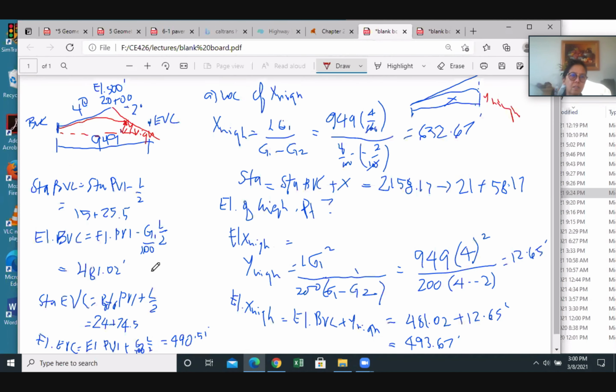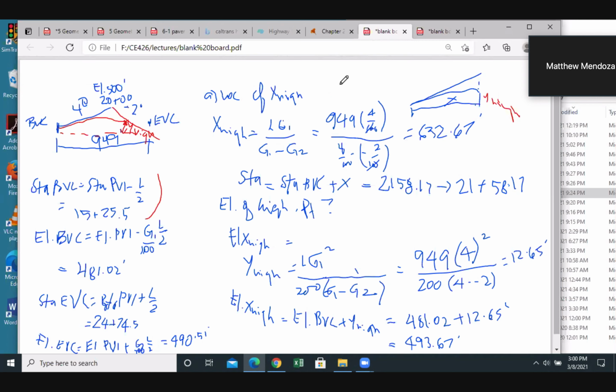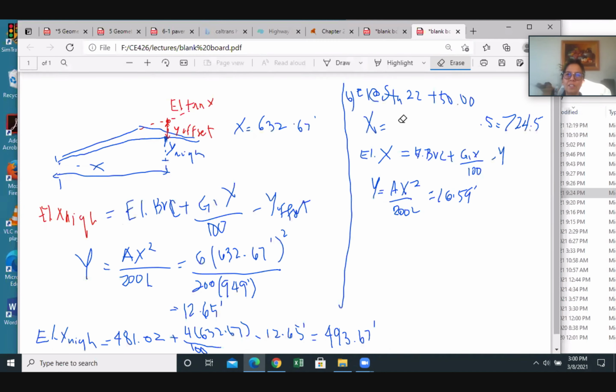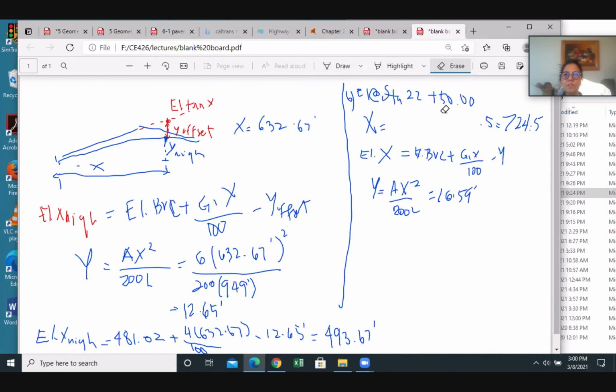Sorry, I think it's right here. It's not ready yet. Anyway, that is your station 2250 minus station of BBC.